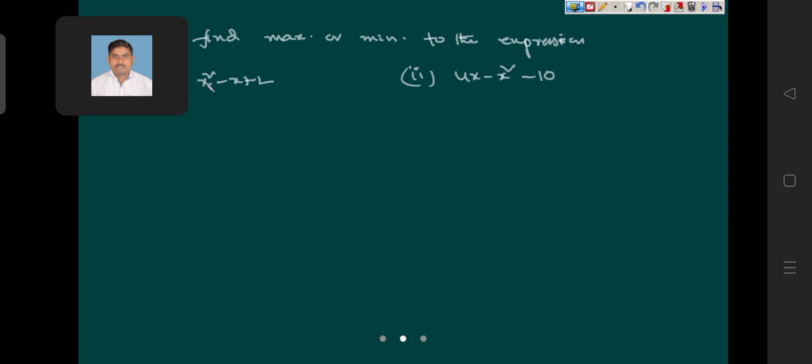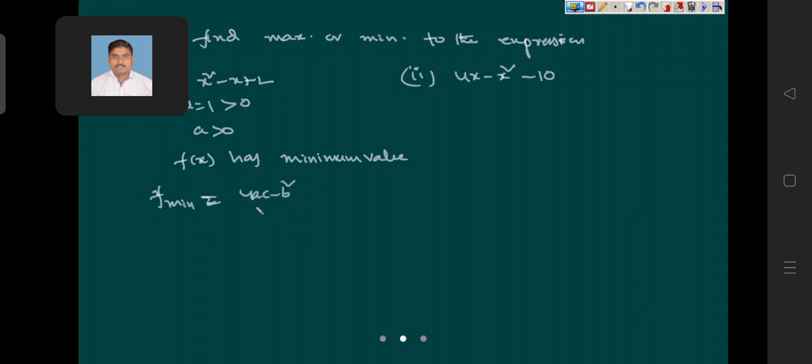So here, the coefficient of x square is a equal to 1, which is greater than 0. Then a is greater than 0, so f of x has which value? Minimum value. And that minimum value is (4ac minus b square) by 4a.